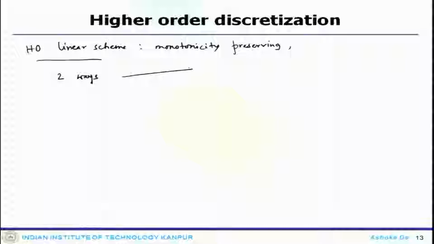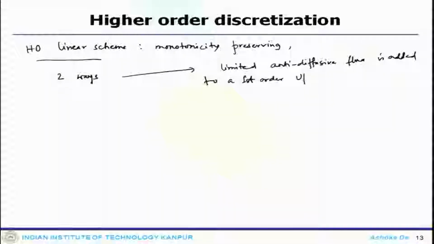In the first approach, a limited anti-diffusive flux is added to a first order upwind scheme in such a way that the resulting scheme is capable of resolving the sharp gradients without oscillation, so as to become non-oscillatory at sharp gradients.